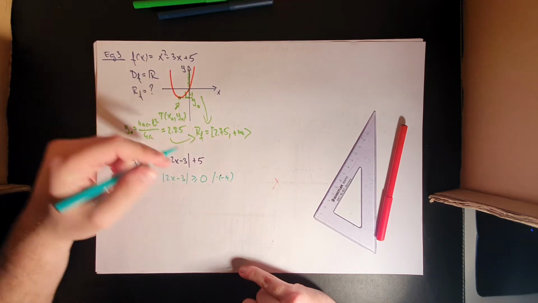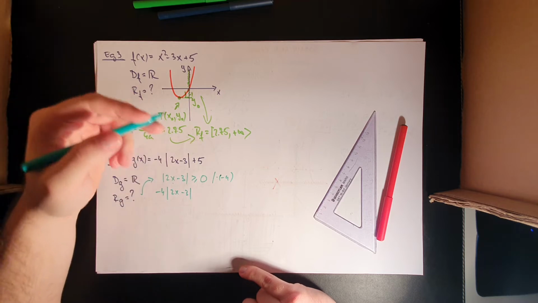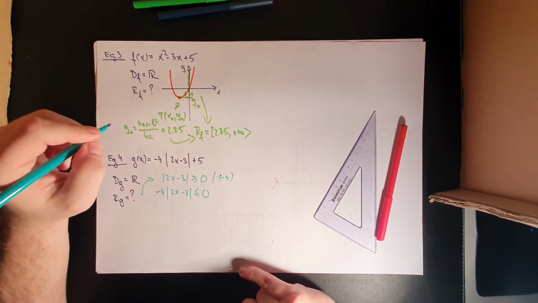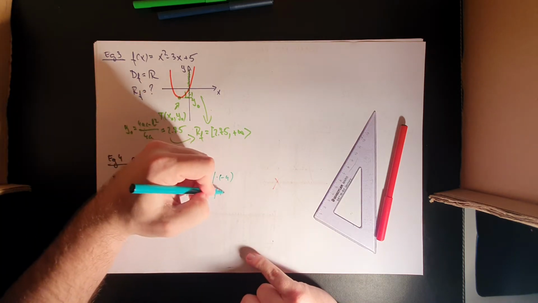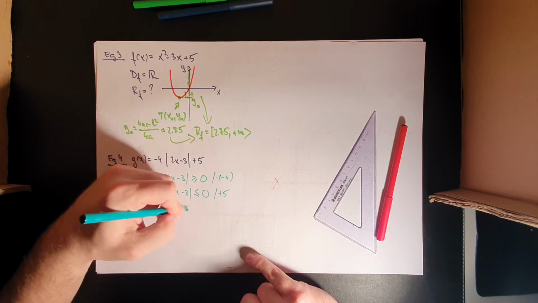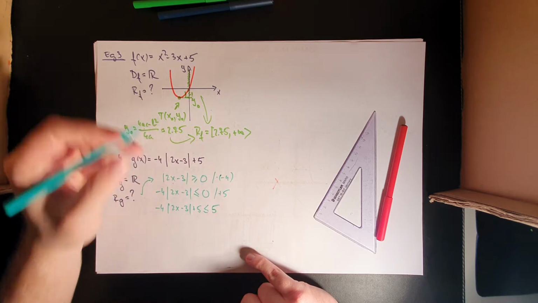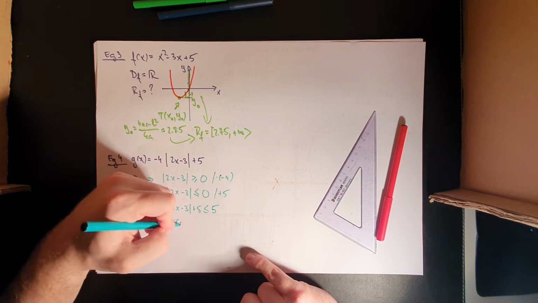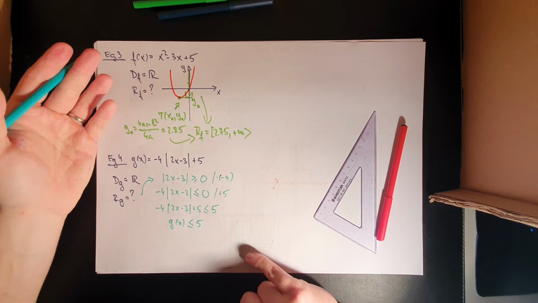So minus 4 times the absolute value of 2x minus 3 is less than or equal to 0, since minus 4 times 0 is 0. The last thing we have to do is add 5 to both sides. So minus 4 times the absolute value of 2x minus 3, plus 5, is less than or equal to 5. Now the whole left side looks like function g, so g of x is less than or equal to 5. There you go.